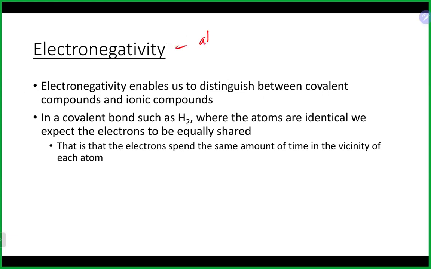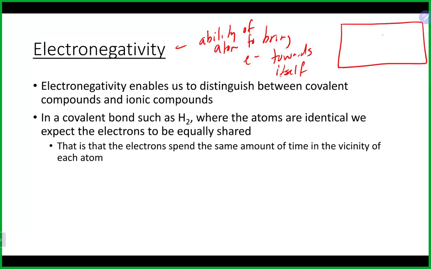And that essentially is the ability of an atom to bring electrons towards itself. I think we might talk about some of those trends. It increases as you go up to the right and decreases as you go down. Fluorine is the most electronegative element you could have.